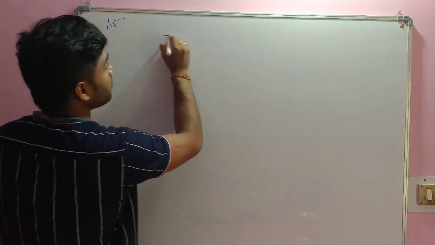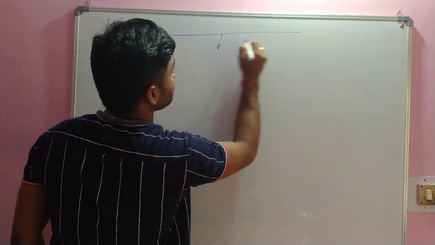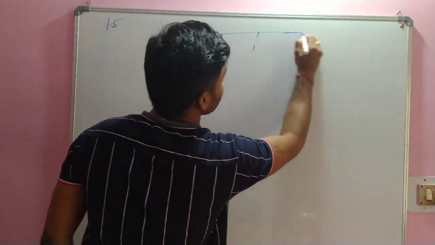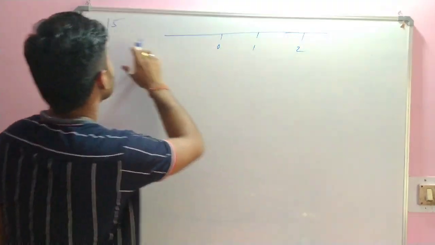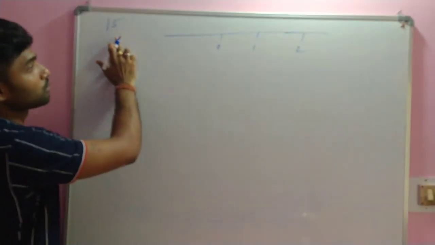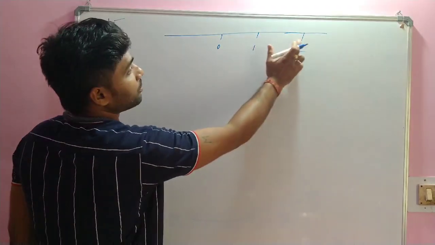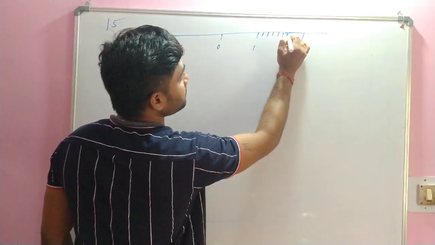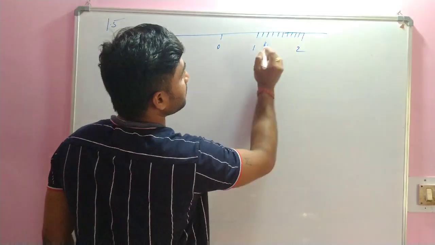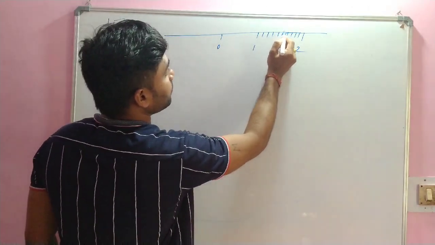So you have to draw a number line. Here is 0, here is 1, here is 2. 1.5 is placed between 1 and 2. 5 is in the tenths place. So 1 and 2 are divided into 10 equal parts: 1, 2, 3, 4, 5. Here is 1.5.